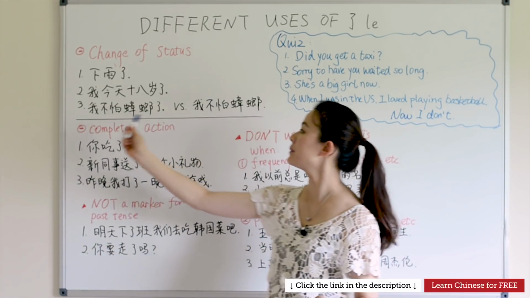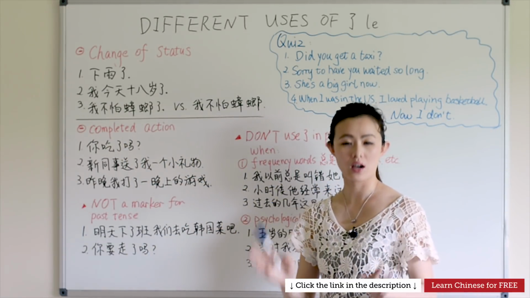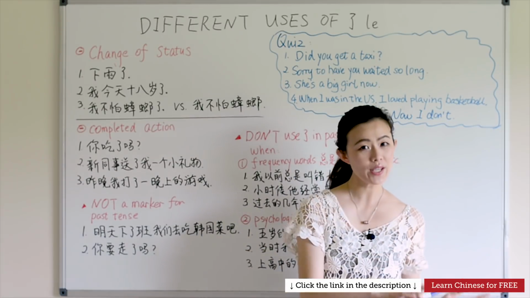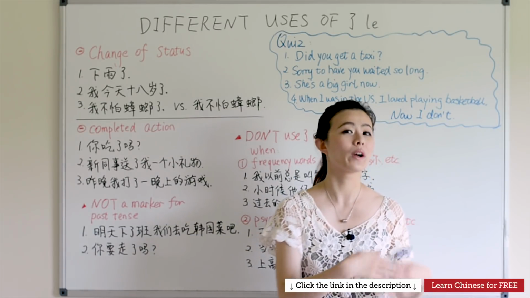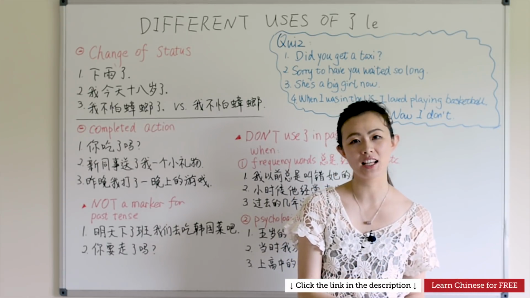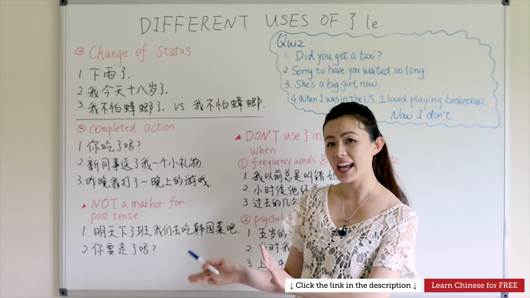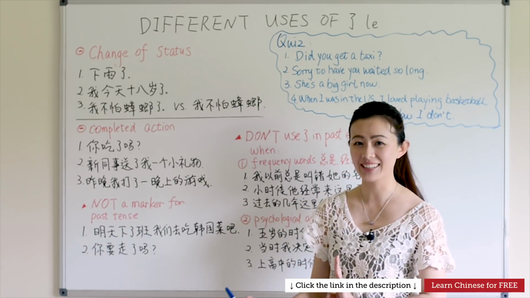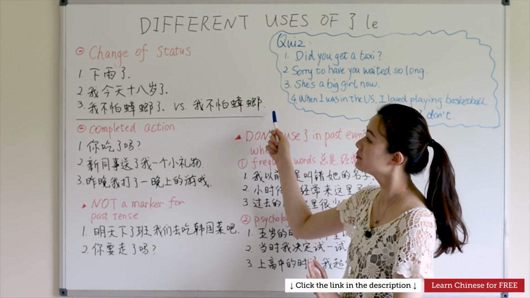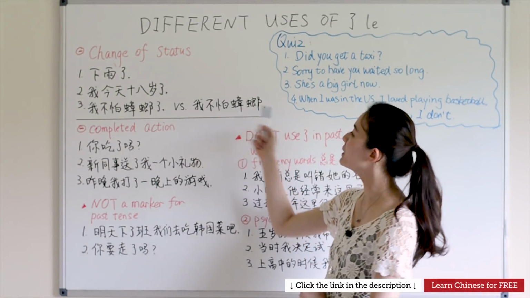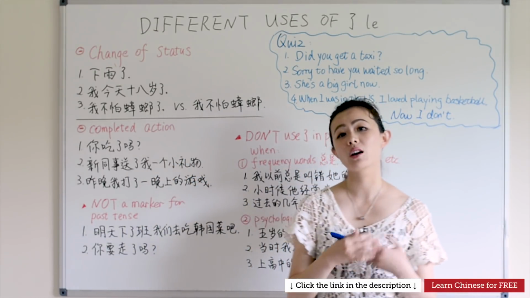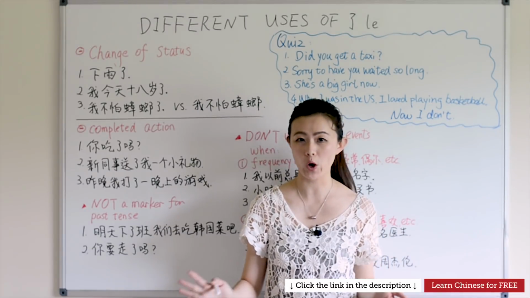So the whole sentence means I'm not afraid of cockroaches anymore. I was afraid of cockroaches. 我以前, before, 我害怕蟑螂，我怕蟑螂，但是, but, 现在, now, 我不怕蟑螂了。So compared to this, 我不怕蟑螂 without the le simply means I'm not afraid of cockroaches. But with le, it means I'm not afraid of cockroaches anymore.